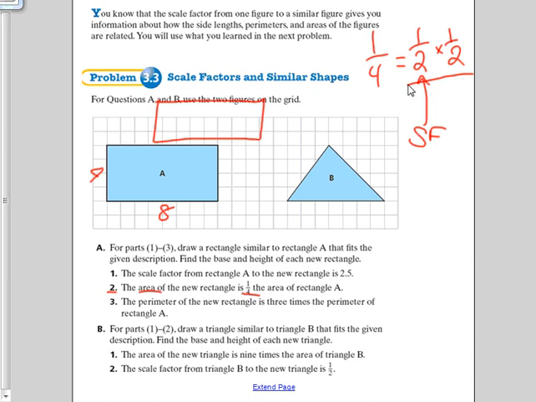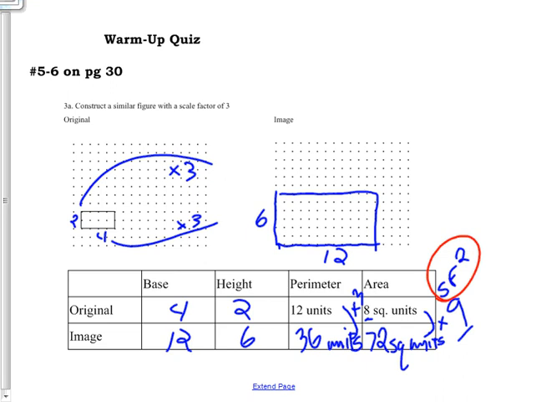And that new rectangle's dimensions are going to be 2 and 4. 2 and 4. Finally, number 3, the perimeter of the new rectangle is 3 times the perimeter of rectangle A. Going back to my previous one, scale factor, perimeter, all we have to do is multiply times that scale factor.